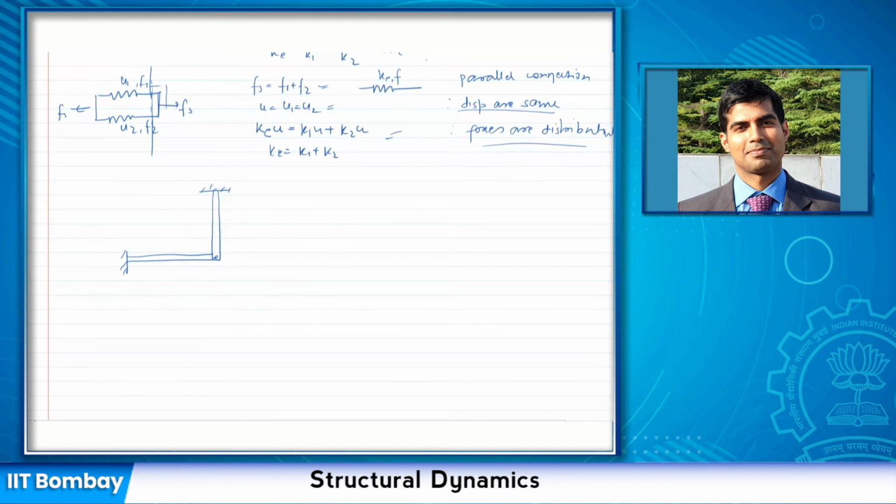Now the properties of these beams: this is A1, E1, I1, L1. This is A2, E2, I2, L2. And the force PT is being applied here. I want a simple spring representation with a stiffness constant of this arrangement.